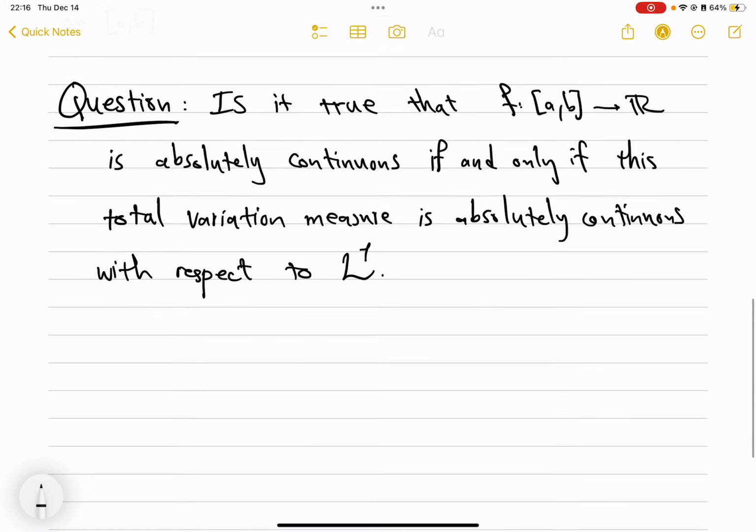And this absolute continuity of one measure with respect to another measure, maybe you will recall it with this notation.